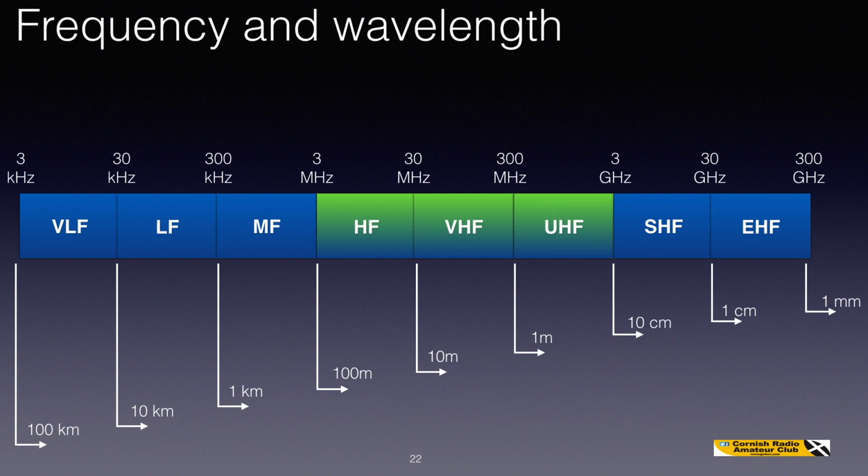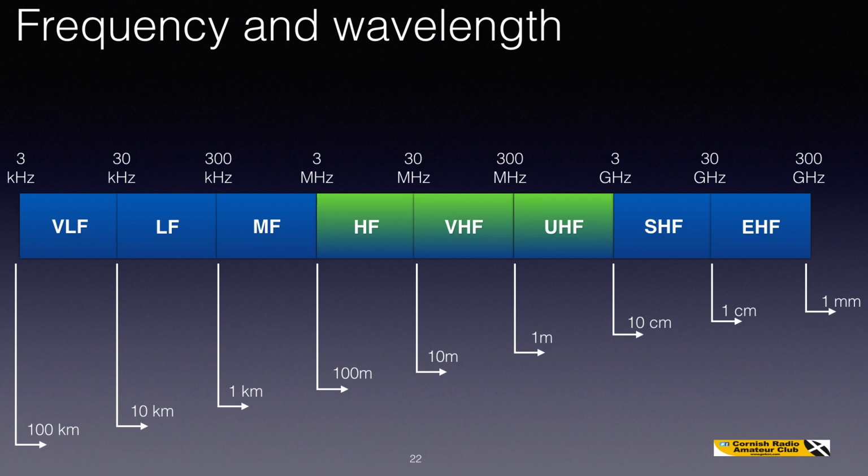So if you were to try and produce an electromagnetic signal at 3 kilohertz, you would need a 50-kilometre antenna, and that will be very difficult. At 30 kilohertz, you still need a 10-kilometre antenna, and you can see that it's quite difficult to produce antennas at 300 gigahertz because they're only 1 millimetre long, or for a half-wave dipole it would be half a millimetre. So different technologies are required.